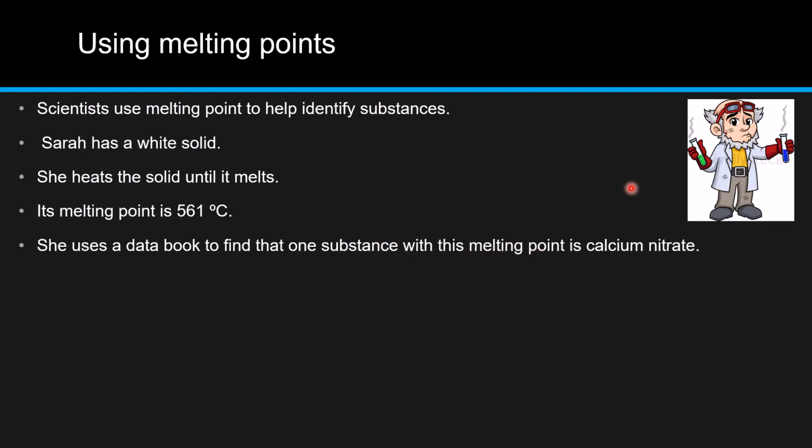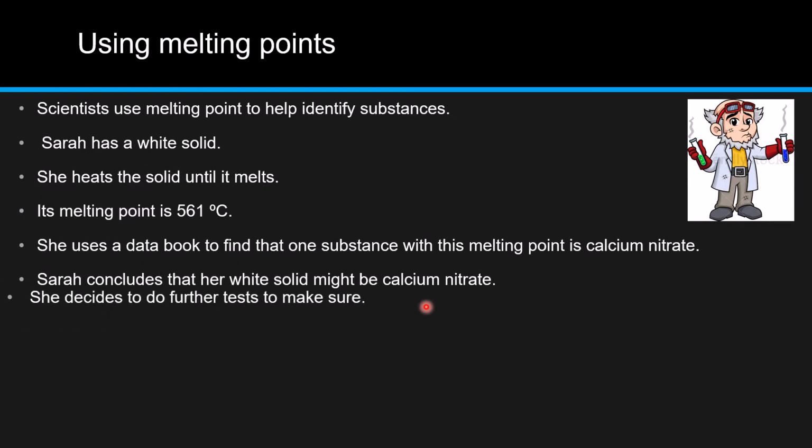As I showed you before, there was a table showing melting points, but here she uses a different data book. She concludes that her white solid might be calcium nitrate, but she's not really sure yet.